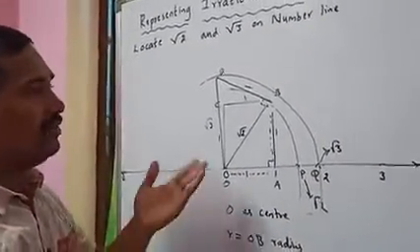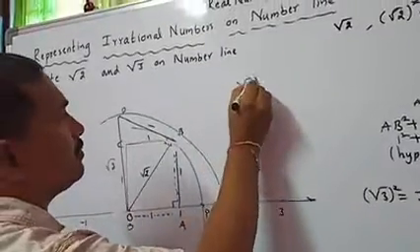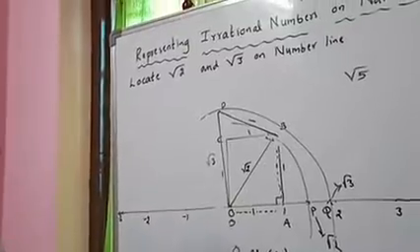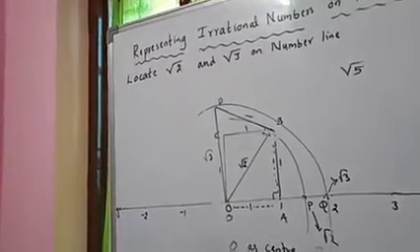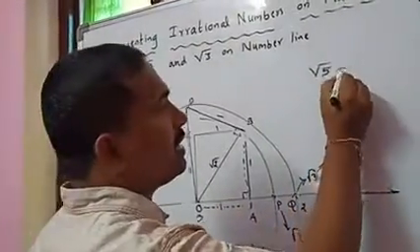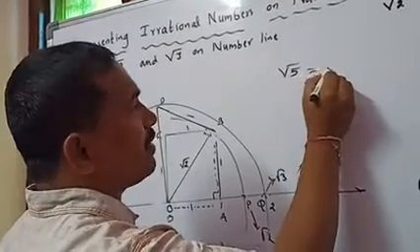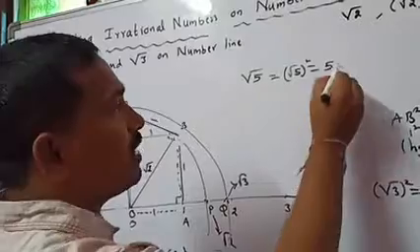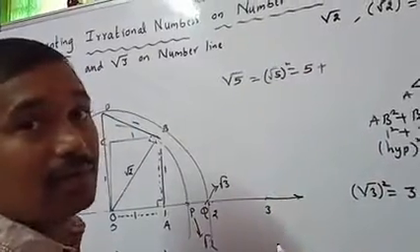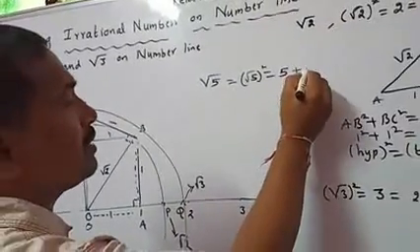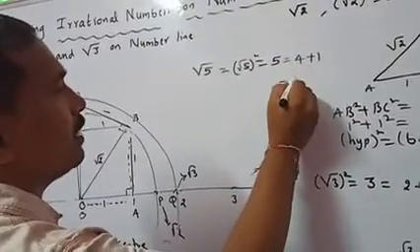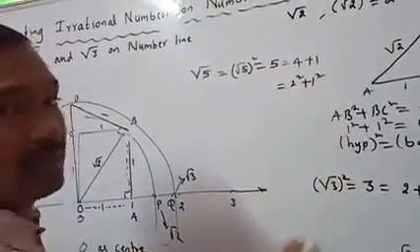In the same way, if you want to represent root 5, how can you represent it? Root 5 whole square is 5. 5 can be written as the sum of squares of two numbers, that is 4 plus 1. 4 is 2 square, plus 1 is 1 square.